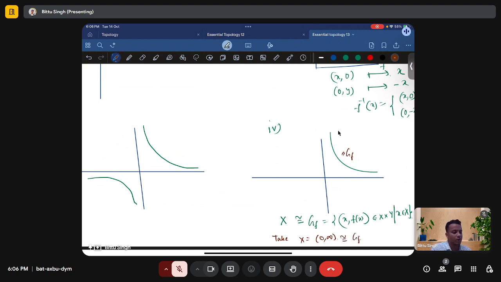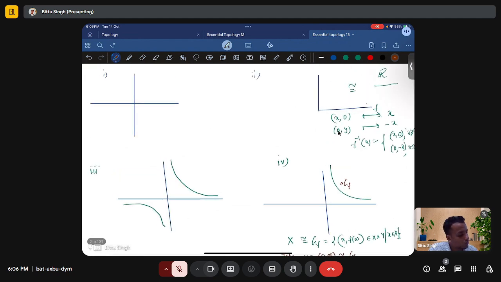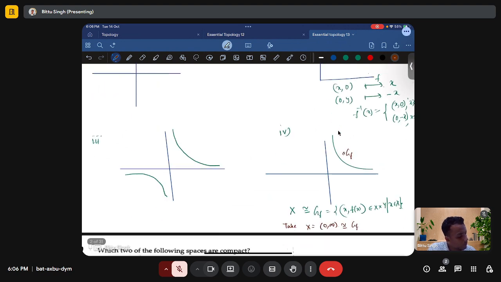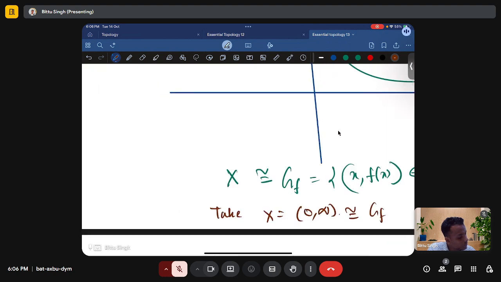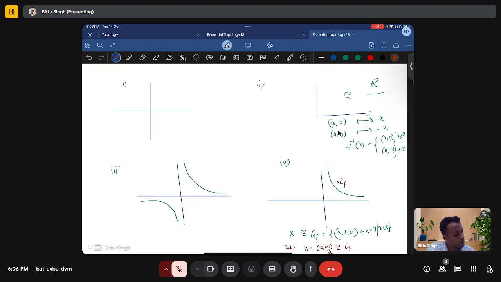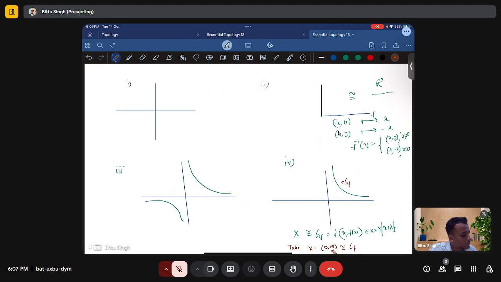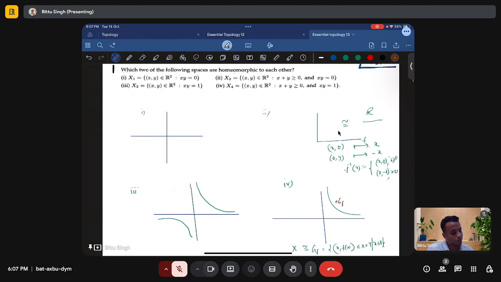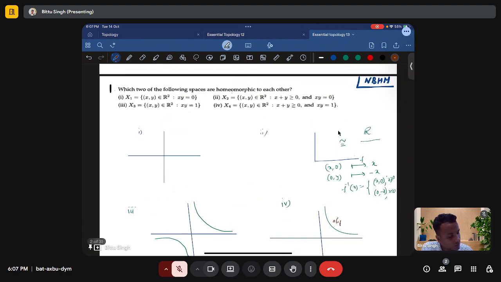And moreover, open 0 comma infinity is homeomorphic to R, right? Therefore 2 and 4 are both homeomorphic to R, so 2 and 4 are homeomorphic. Answer is 2 and 4.